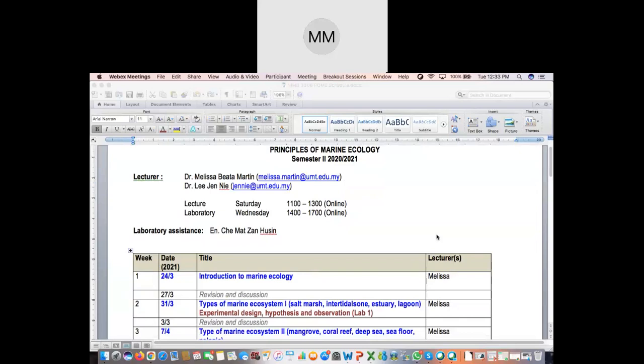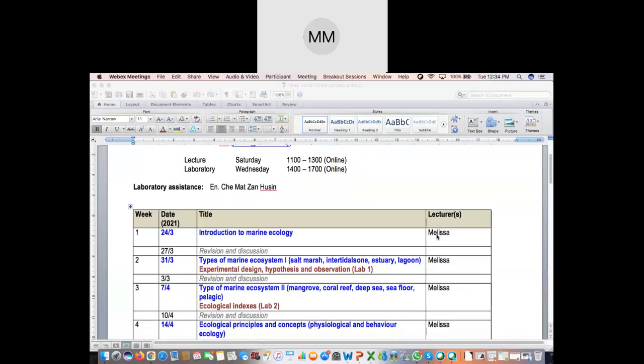So take note, Saturdays, we will only open it online if you require any revision sessions or any times to discuss with any of us regarding a particular topic. But basically, lectures and labs will be held on Wednesday. Now, fear not, we will make the most of the time for both lectures and laboratory work, and it would not be too heavy on you.